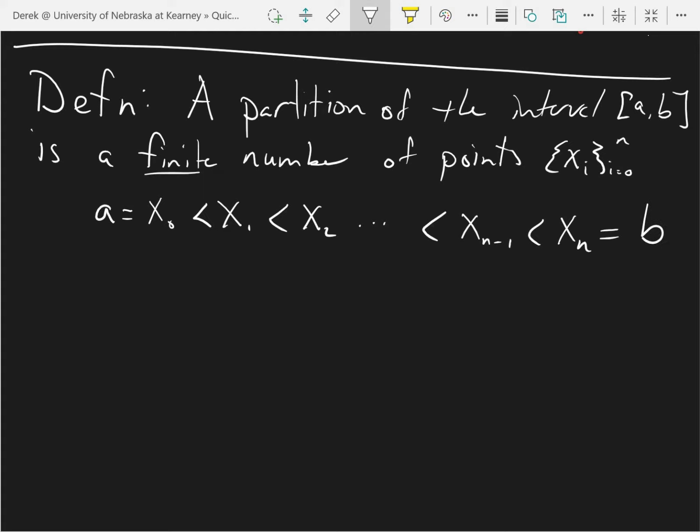Okay, so it's finite, and it's a string of numbers that increase from a to b.